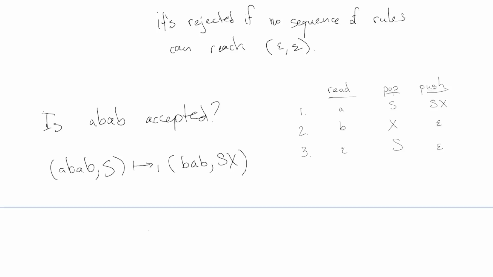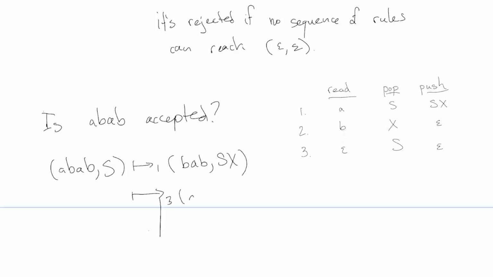Anyway, let's say I choose rule 1 first. I think next we must do rule 3, right? You can't do rule 2. Rule 2 is the only read B rule, but that doesn't apply because we can't pop X in this situation. So we must do rule 3 next.